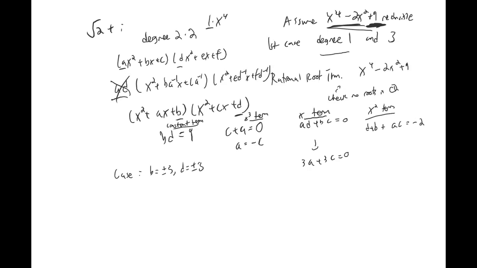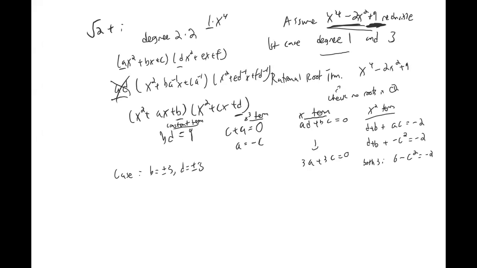So a must be negative c. So this is d plus b plus negative c squared is negative 2. Now d plus b is 3 or minus 3, right? So let's consider the case where they're both 3.